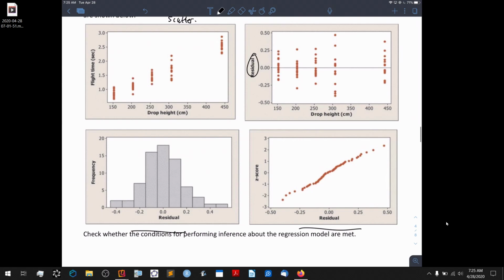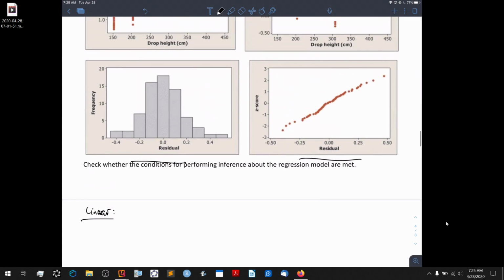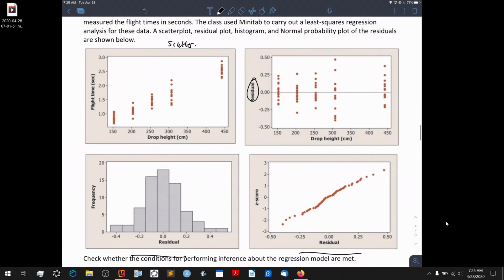All right. So what you have to do is check the conditions. All right. So the conditions are linear. And you look at this and you go, this is not what we'd normally like to see. This is not how a normal scatter plot looks for us. It looks like that normally. But you can see a linear pattern here, okay?